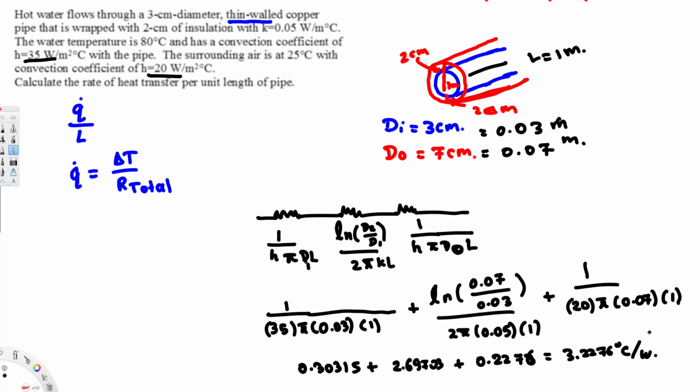Now all you have to do is plug it into this equation. Here we have T infinity. So which one is hot? Inner is hot, right? So this is going to go from inner to outer: T infinity inside minus T infinity outside, divided by R total, that's 3.2276 degrees Celsius per watt.